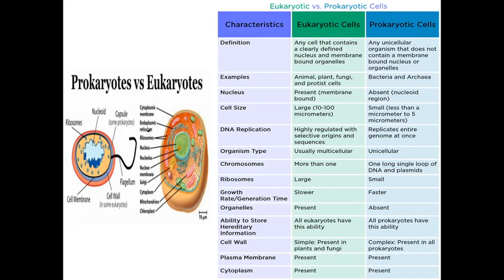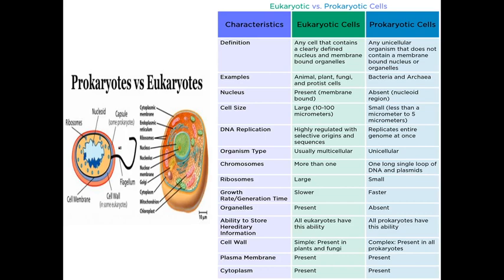So a cell that has a defined nucleus, where you're able to differentiate where the nucleus is, and has organelles with membranes, is known as a eukaryotic cell. Whereas in the prokaryotic cell, the membrane-bound organelles are not present, and the nucleus is not clearly defined. That means there is no nuclear membrane in this.